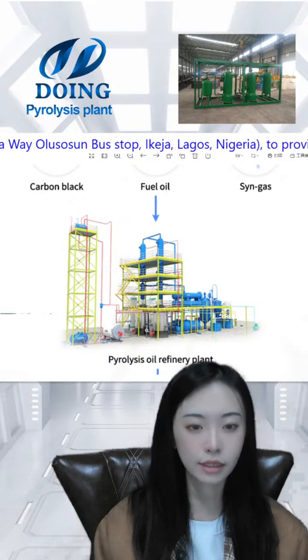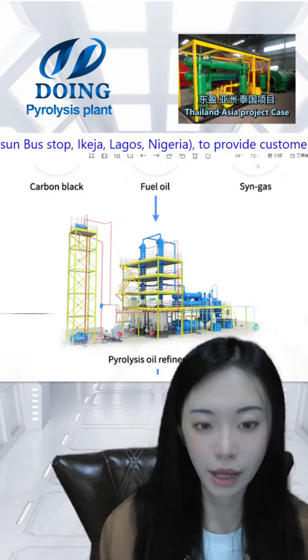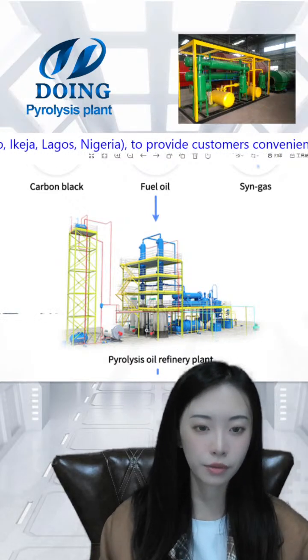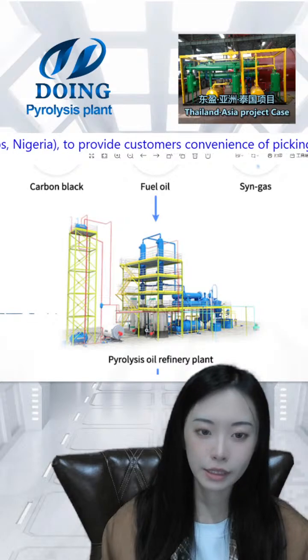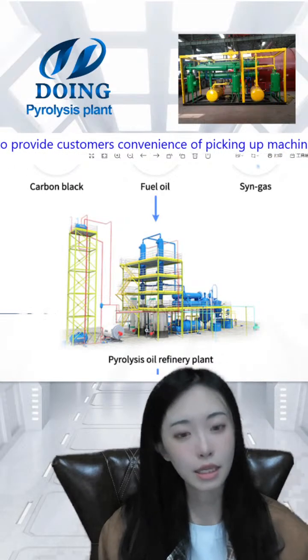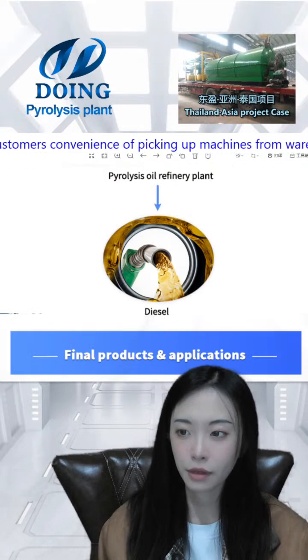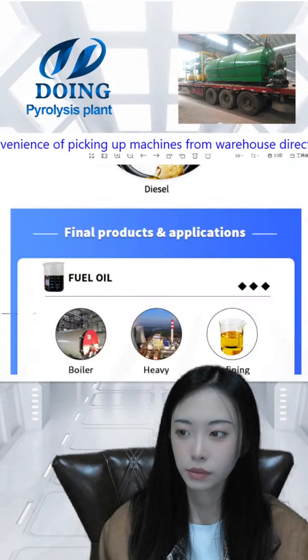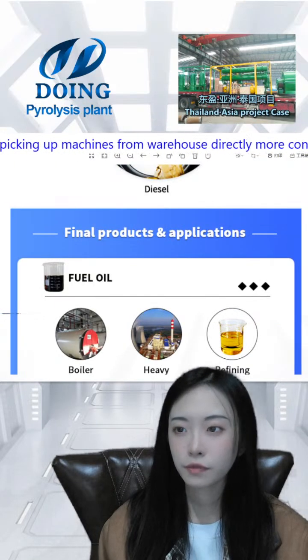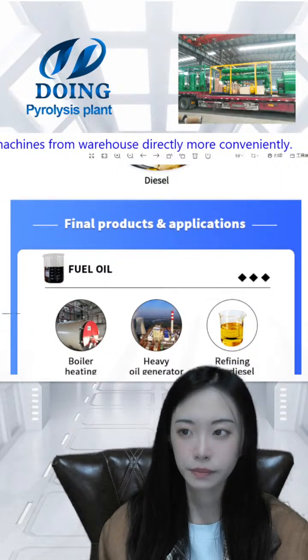We can use it in agricultural machines, mining machines, or ferries. This is the second equipment that we have. You can see this is diesel.